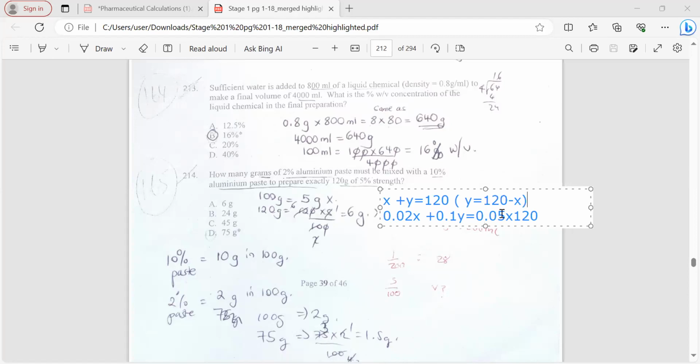In this equation we replace y with 120 minus x. 120 times 0.05 is 6. Then now we solve for x in that last equation.